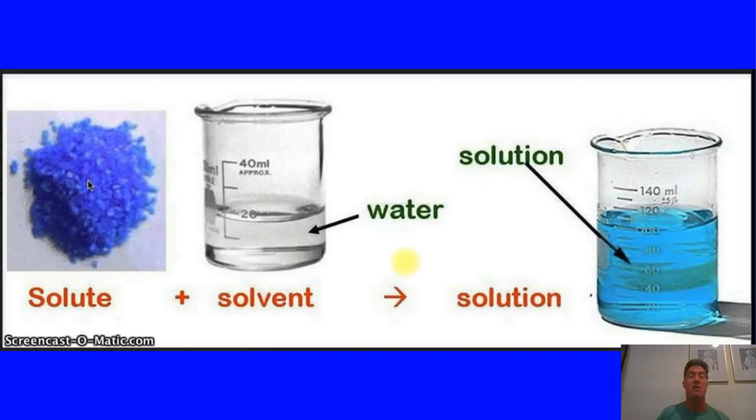Essentially, a solution is a combination of a solute, which is something that's going to be dissolved, and a solvent, which is what the solute is dissolved into. And the combination gives us a solution. Every part of the solution is going to be like every other part of the solution. It's going to be what we call homogeneous.